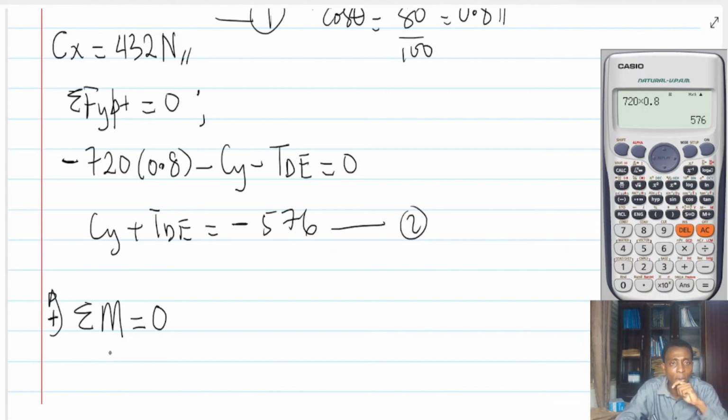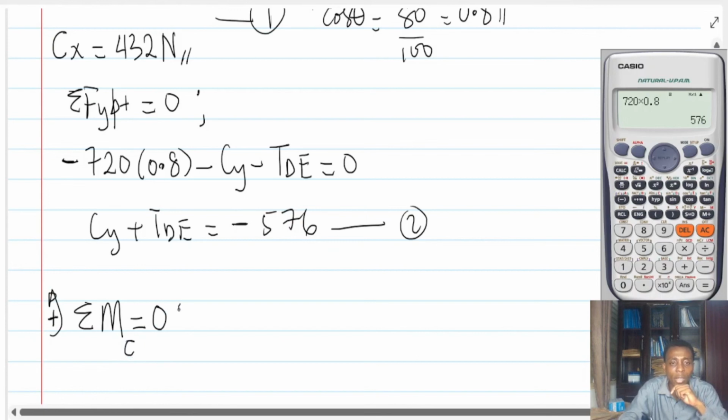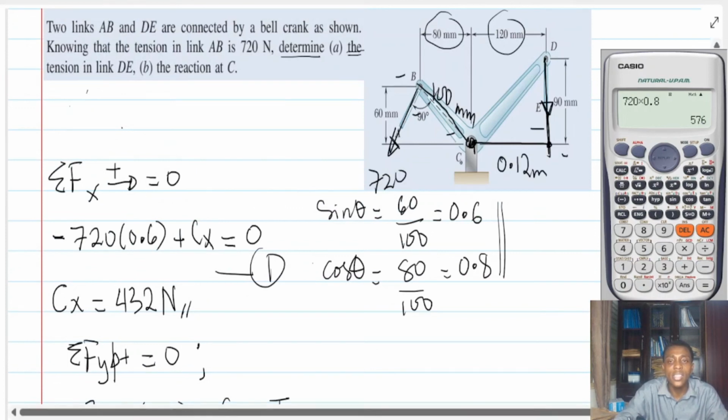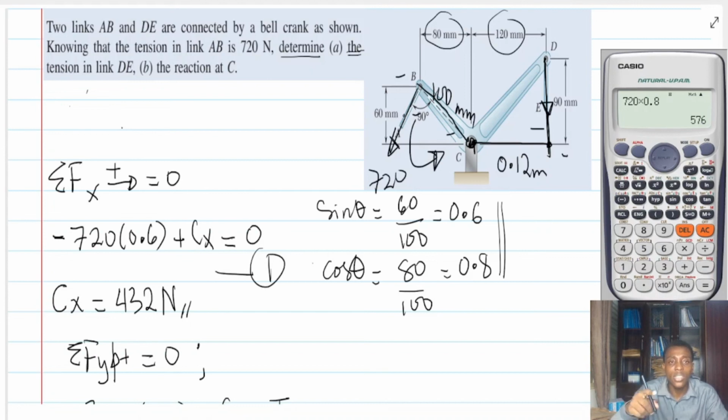From here, what we are going to do is sum moment about C. Okay. Counterclockwise is going to be positive. Now watch this. If I take the moment of the 720 about C, it's going to cause a moment in this direction, which is counterclockwise.